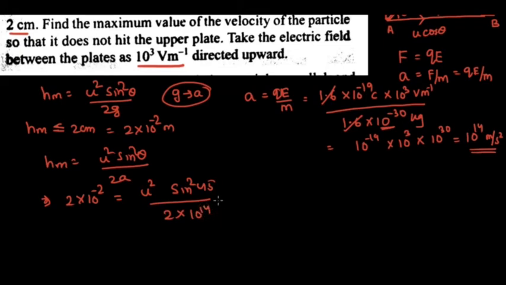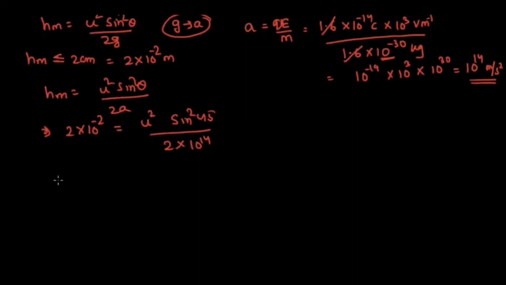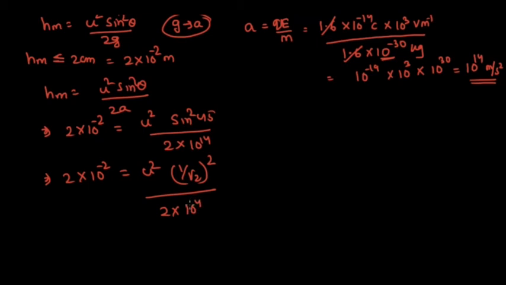So students, we know that sine 45 is 1 by root 2. So sine square 45 will be 1 by root 2 whole square. So 2 into 10 to the power minus 2 equal to u square into 1 by 2 divided by 2 into 10 to the power 14.